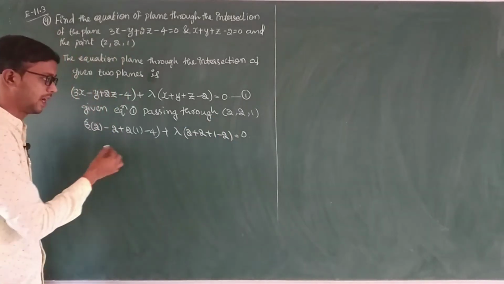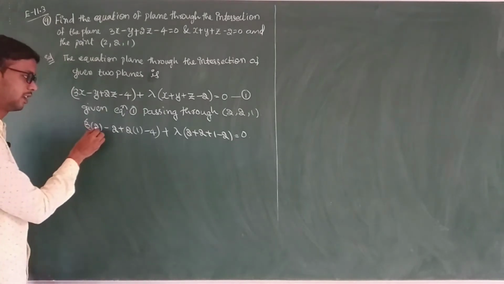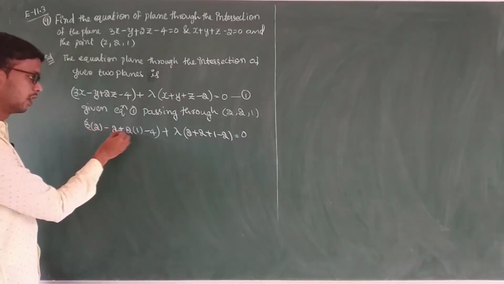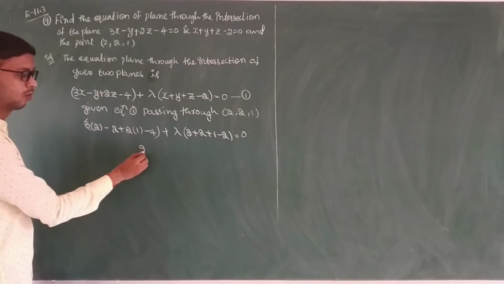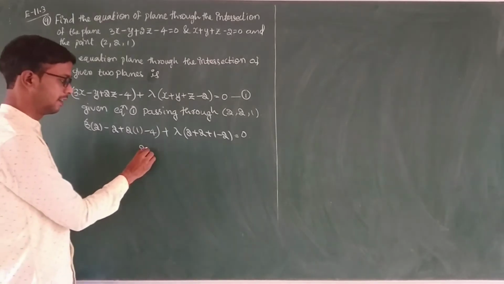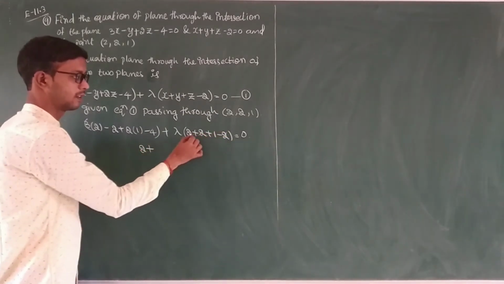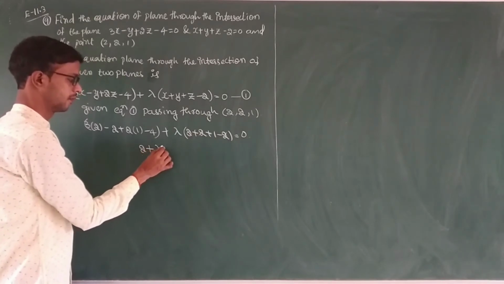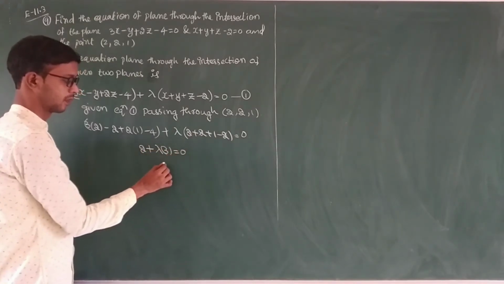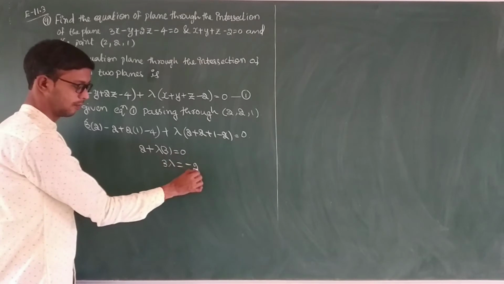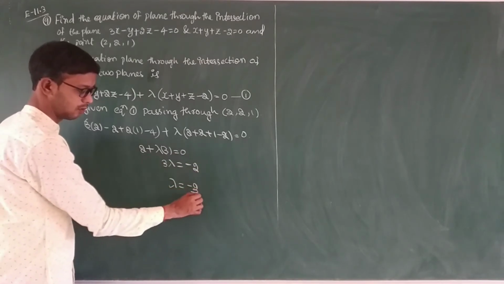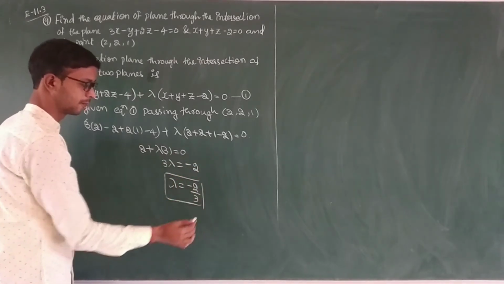Now simplify: 6 minus 6 cancel, minus 2 remains, plus 2 cancels, 2 plus 1 is 3. So 3 lambda is equal to 2, lambda is equal to 2 by 3.